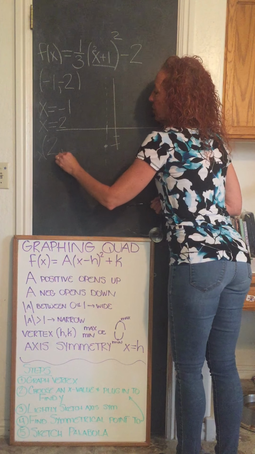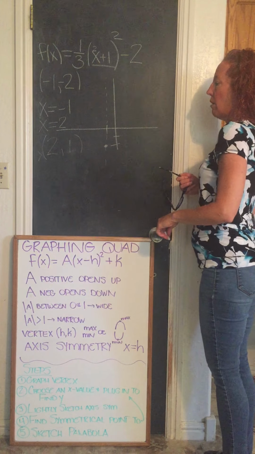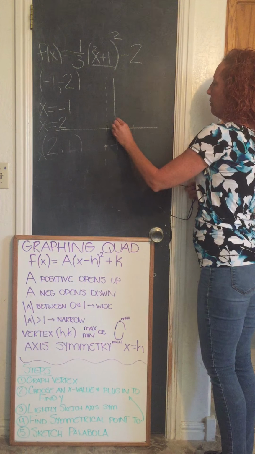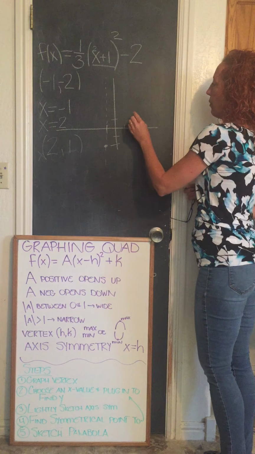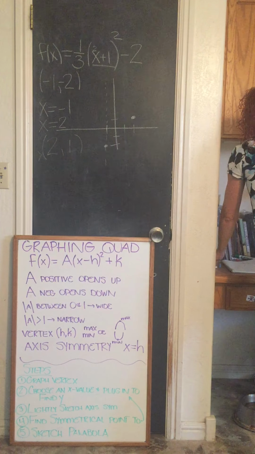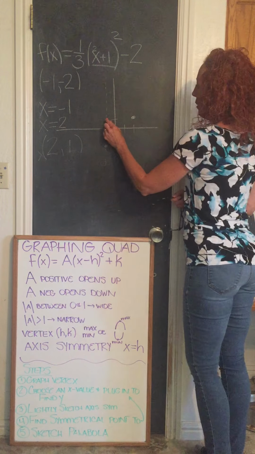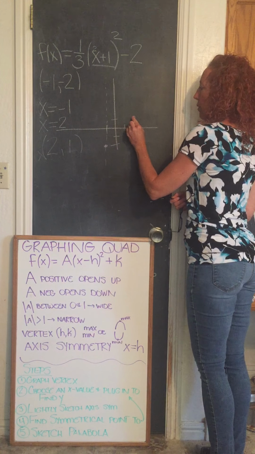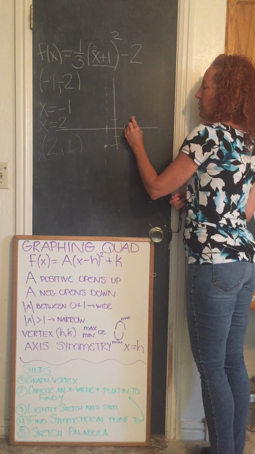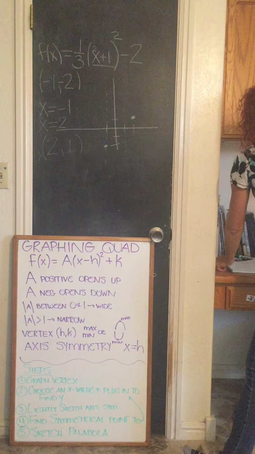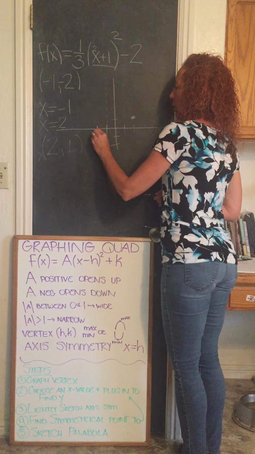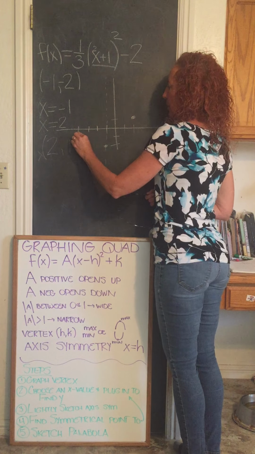So I know that (2, 1) is on my graph. (2, 1) is right there. That point is 3 spaces from the axis, so over 1, 2, 3. So I know there has to be a matching point 3 spaces the other direction. 1, 2, 3.